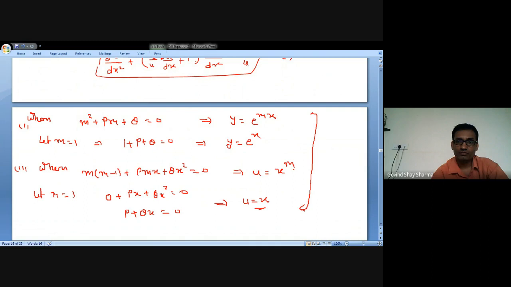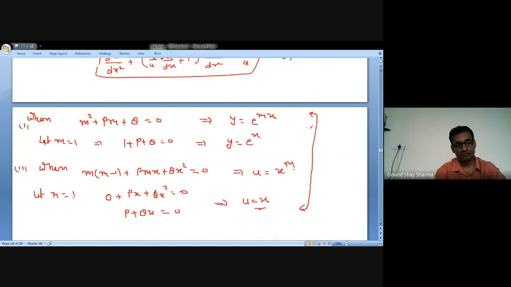Okay, and m square plus pm plus q implies y equals e to the power mx, and let m be equal to 1, 2, 3. So the solutions are y equals e to the power x, y equals e to the power 2x, y equals e to the power 3x. So in this type we find the CF first.